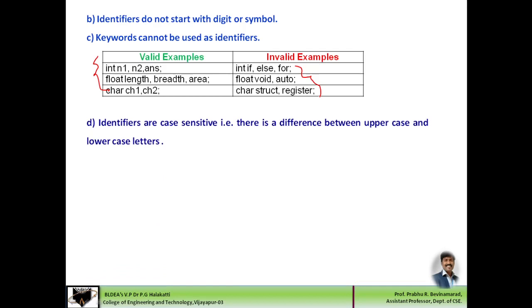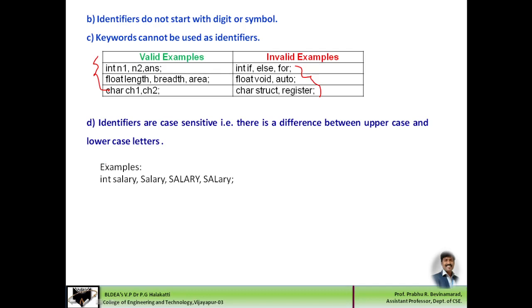The next criterion is that identifiers are case sensitive. So there is a difference between uppercase and lowercase letters. Let us look at an example. Here we have mentioned four identifier names, and the characters present in these names are actually the same, but some identifier names have uppercase letters, lowercase letters, and a mix of uppercase and lowercase letters.